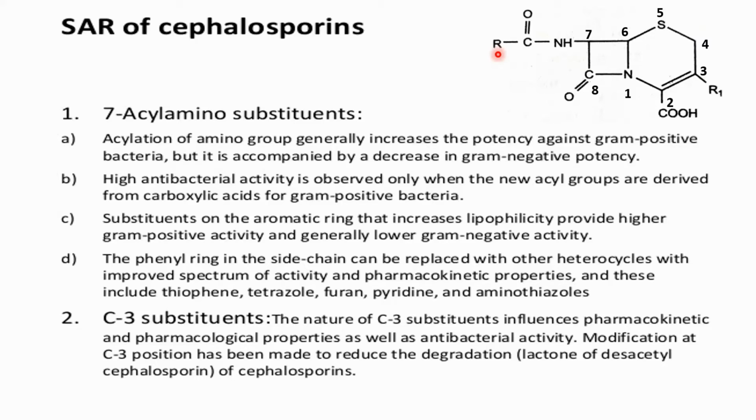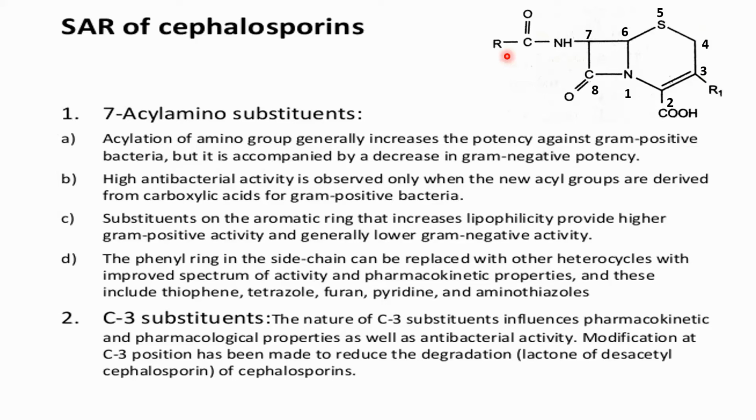So if the phenyl ring at R is substituted by another heterocyclic ring, that will improve the spectrum of activity. Examples are thiophene, tetrazole, furan, pyridine and aminothiazole. These rings can substitute the phenyl ring to improve the activity against both gram-positive and gram-negative bacteria.